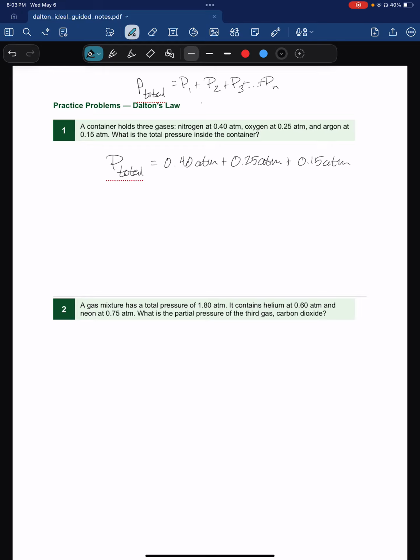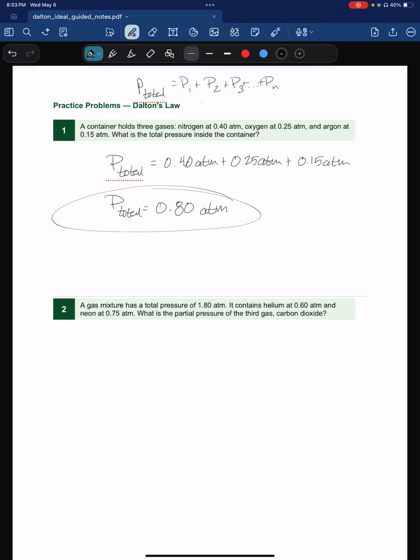And we grab our handy dandy calculator, and we have 0.40 plus 0.25 plus 0.15. And we end up with a total P of 0.80 atmospheres. That's it. Easy peasy. Let's look at the next one.